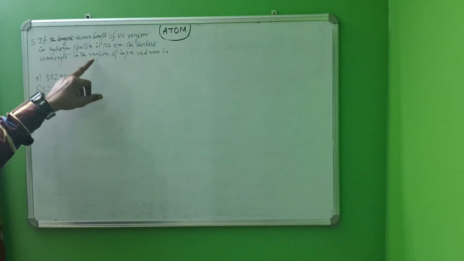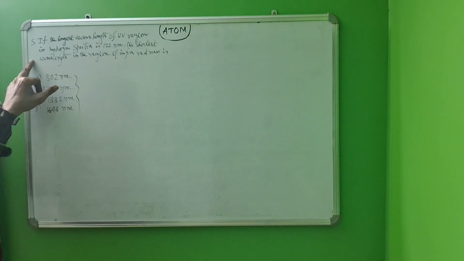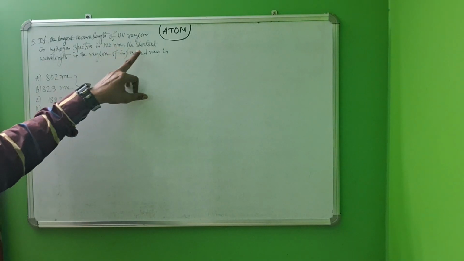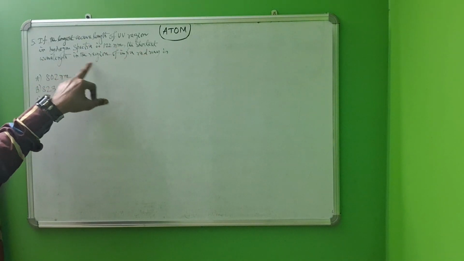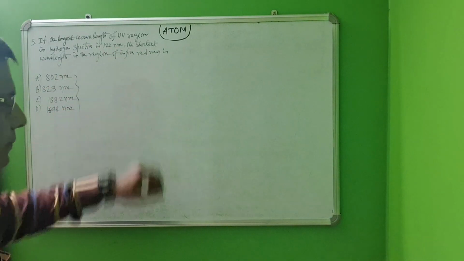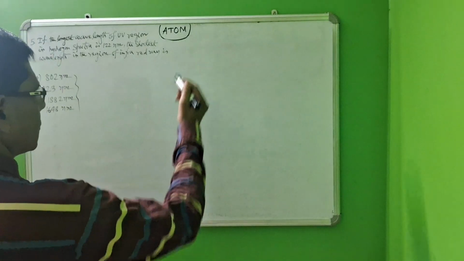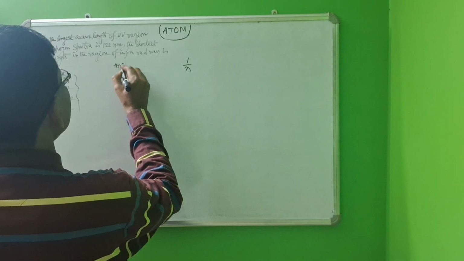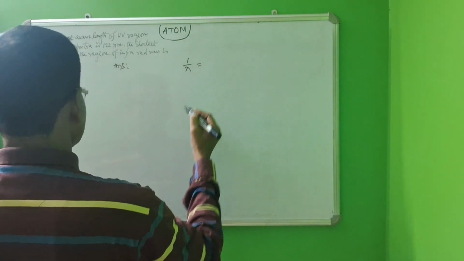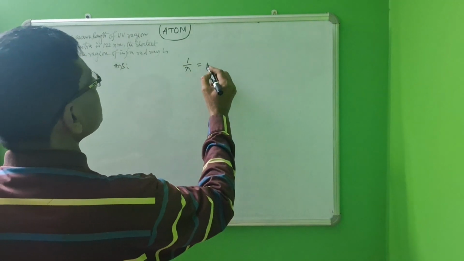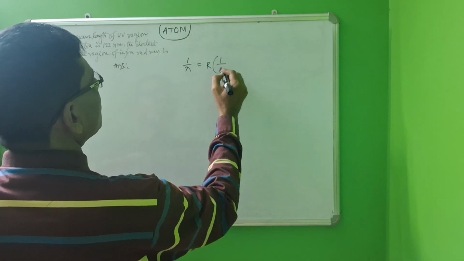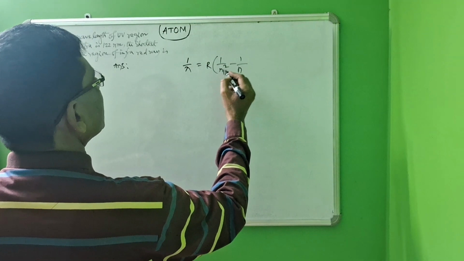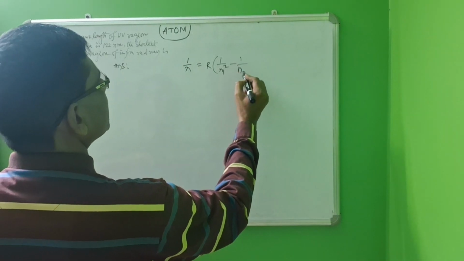If the longest wavelength of the UV region in hydrogen spectra is 122 nanometer, the shortest wavelength in the region of infrared ray is this. We have the standard equation 1 by lambda equals r times 1 by n1 square minus 1 by n2 square.